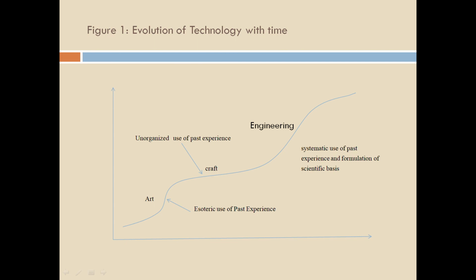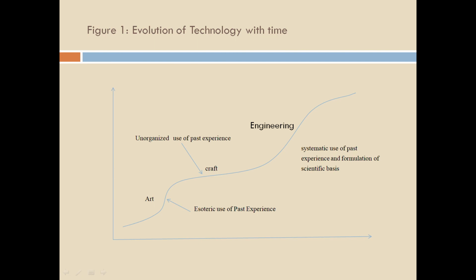There is no systematic or organized manner of using the past experiences. Likewise, a craft makes use of the past experiences in an unorganized manner. Roughly, an art form or craft form makes use of the past experiences in a rough manner.